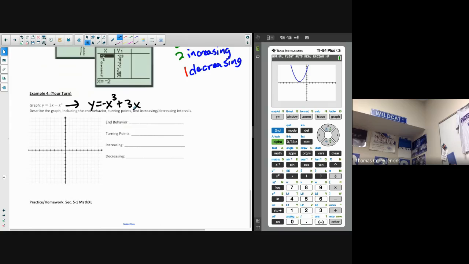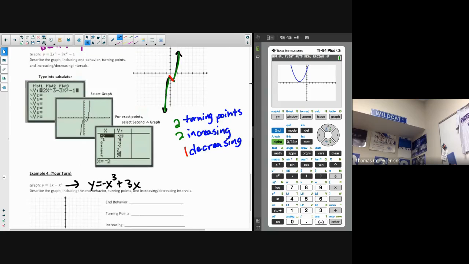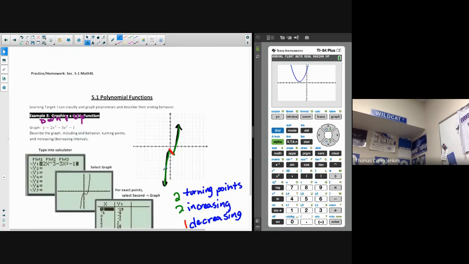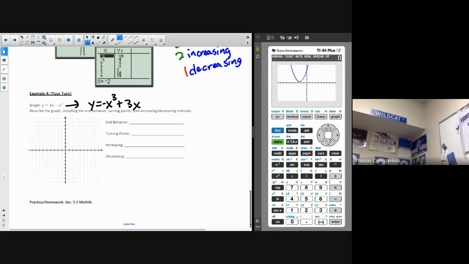In this case, this is a negative a and an odd degree. So that should be the opposite of what we just did, right? Instead of down and up, it should be up and down. That's what we should expect to see. So up and down. And then we have some blanks to fill in.